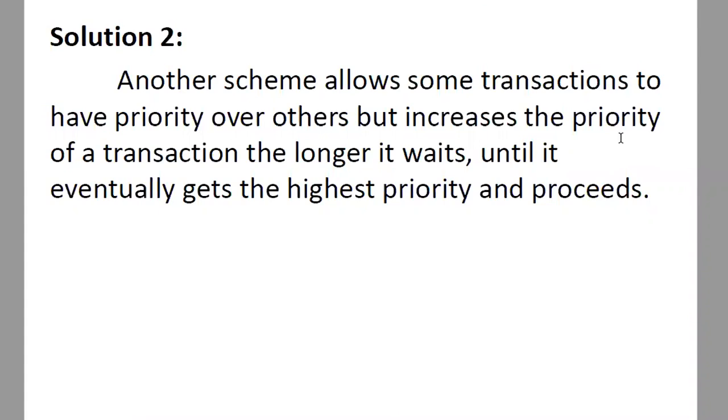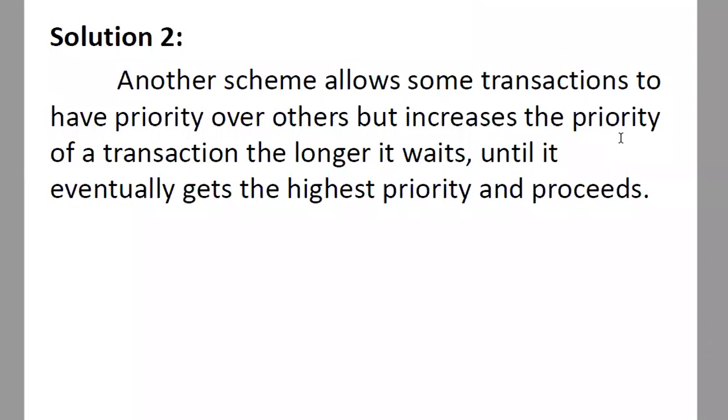Now under this scheme, as time goes on and transaction T1 keeps waiting for a particular period of time, based on the time limit we increase the priority of transaction T1. Then when the priority of T1 reaches a certain limit, definitely transaction T1 will be allowed to access the data item X, instead of allowing transactions T2 and T3.